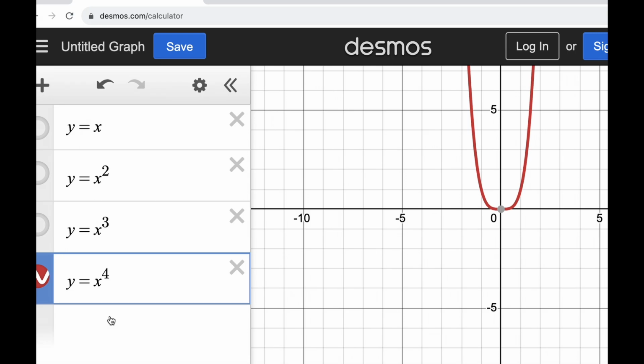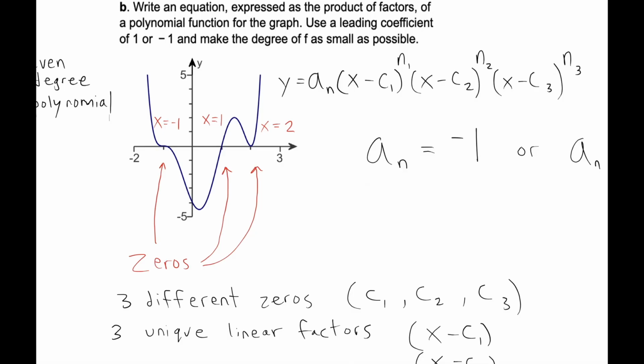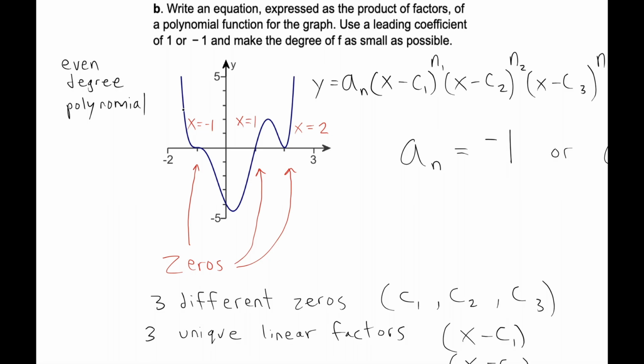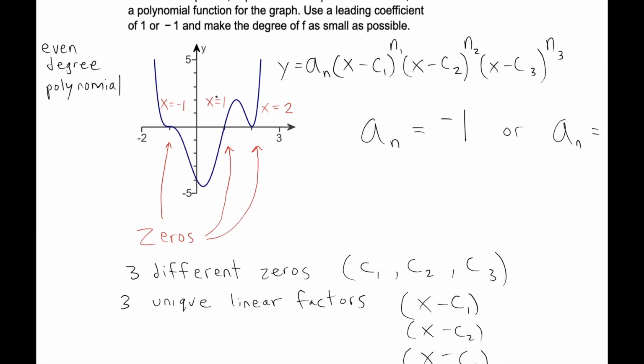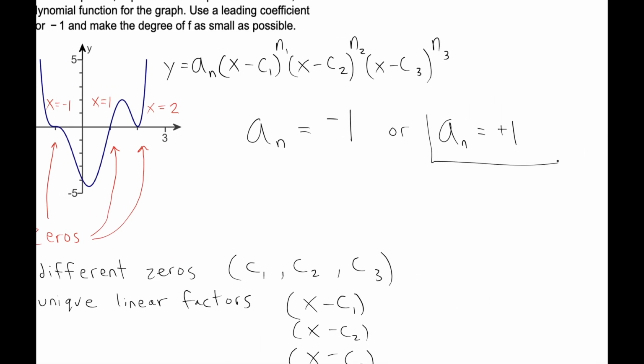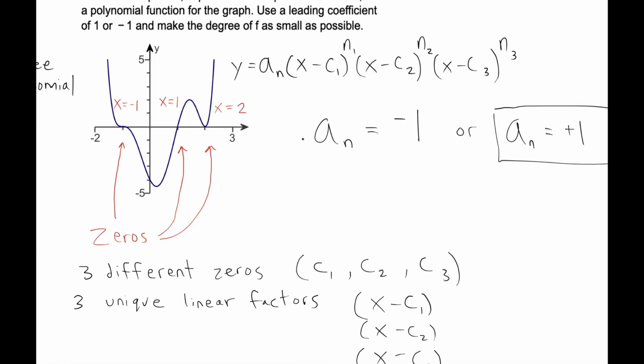If you have an even power, you're going to be opening upward, or downward if your coefficient's negative. So this is definitely an even degree polynomial based on that. So we're going to have a positive coefficient of a. All right, so now let's plug in our a that we chose.